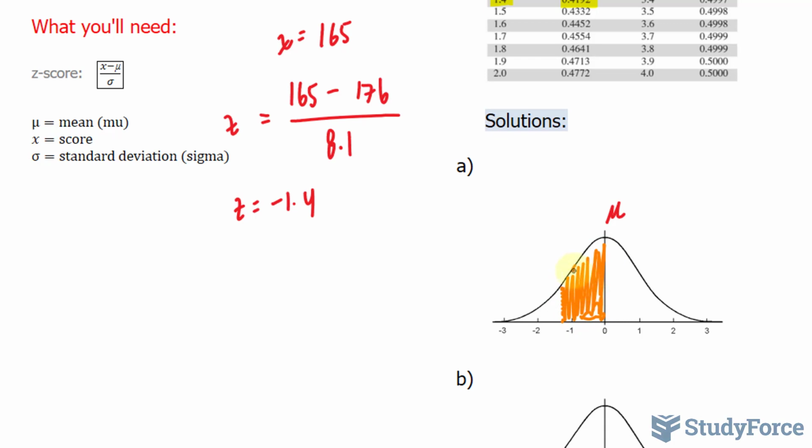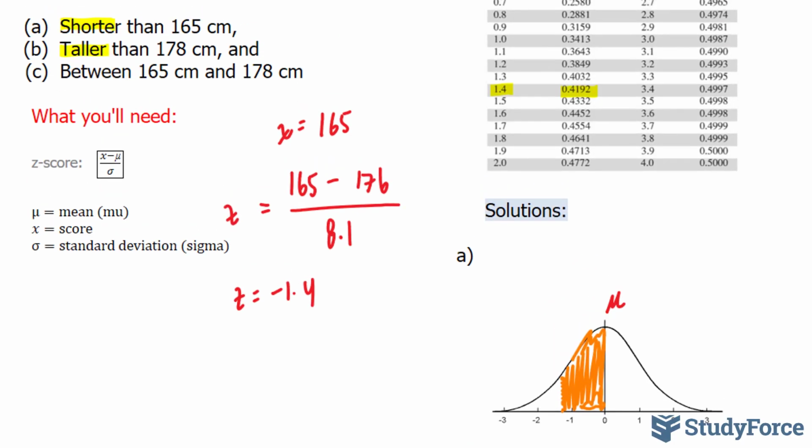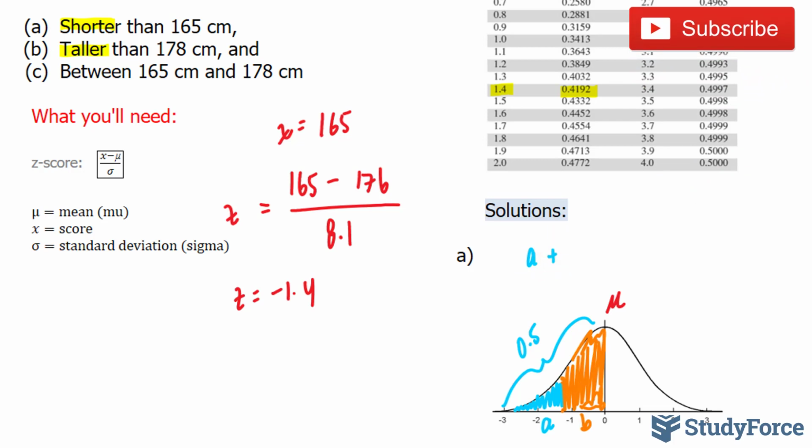Now the question is asking us, remember, shorter than 165 centimeters. So they want this shaded area. And I know that from here all the way to here is 0.5. So if I call the blue part, which is the part I'm looking for, A, and the orange part B, I can simply find the blue part by using the following formula. A plus B is equal to 0.5.